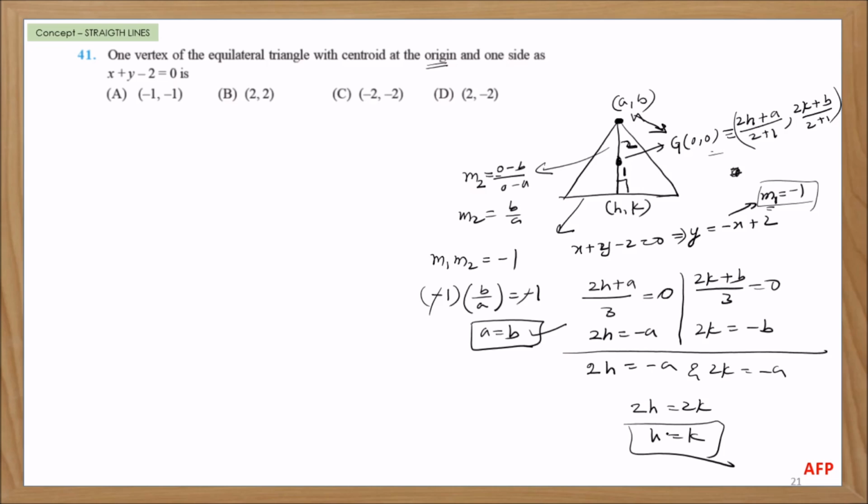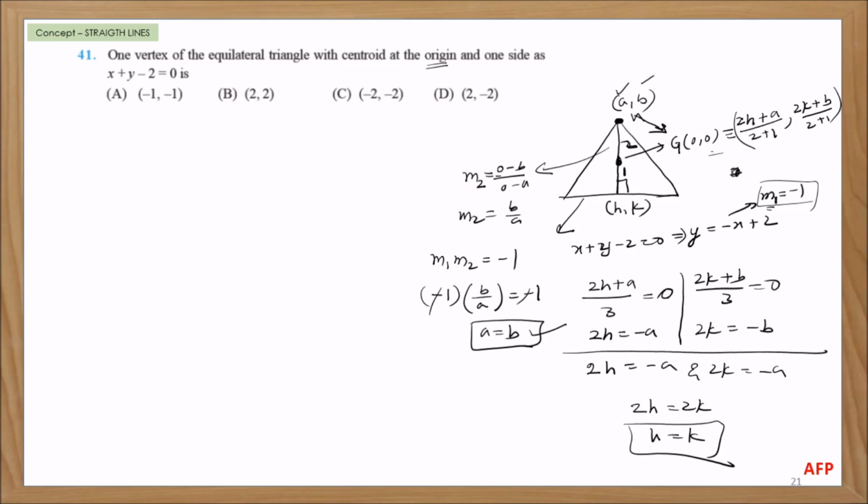Okay, so here 3 options are there. So we are supposed to find this point. Now a is equal to b we got, h is equal to k we got. Now how to find the point?